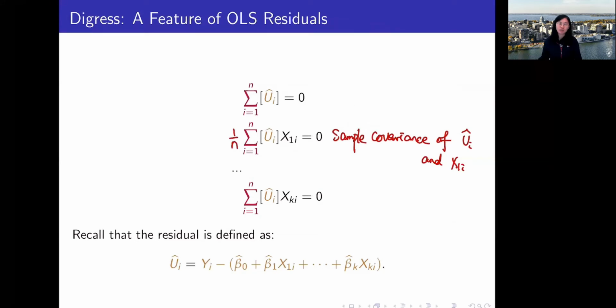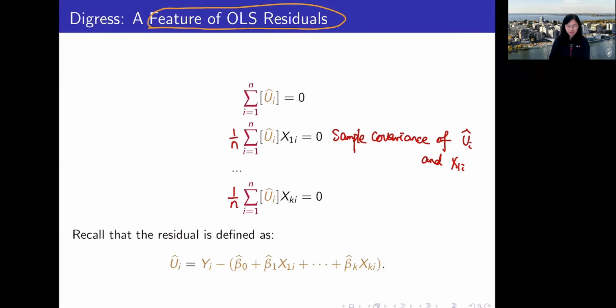And dividing it by the sample size n doesn't affect the equation. So the sample covariance of ui hat and x1i equals 0. The same thing happens for all the x variables. So the sample covariance of the OLS regression residual with all the x variables is zero. So this is an interesting feature of the OLS regression residual.